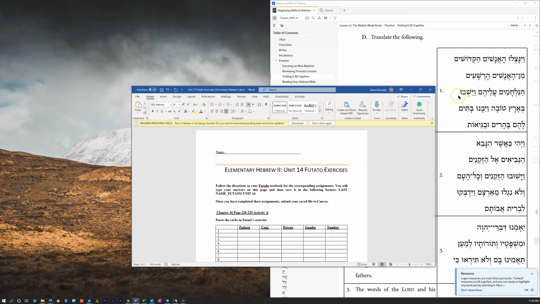they dwelt or sat in the land, and they dwelt in the good land, and they built Bana, Batim. Is that right? Oh, Batim here is houses. They built houses.